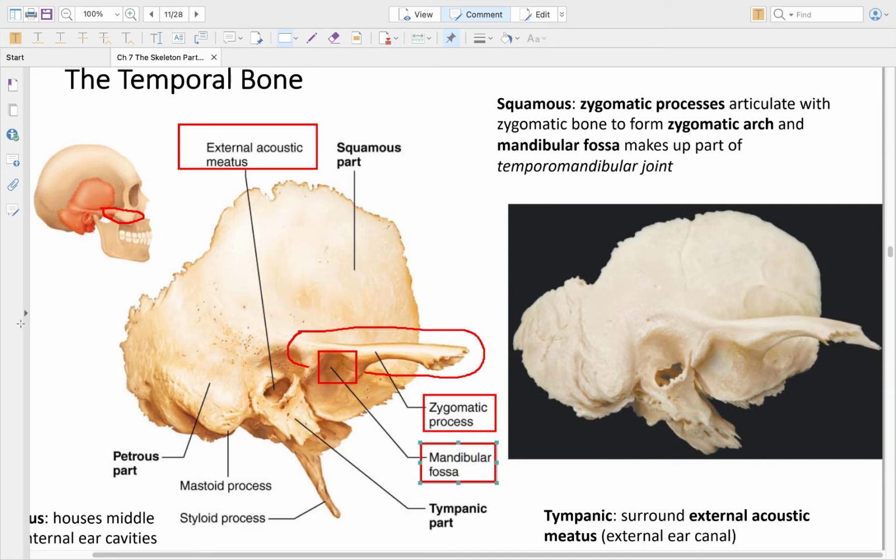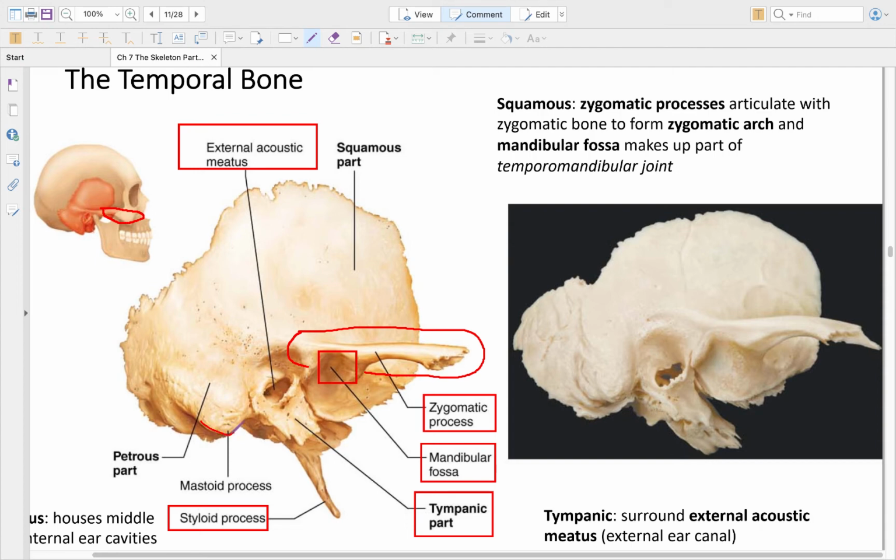Okay, now if you look closely, there's this almost like skinny sheet hanging out. This is called the tympanic part. And while we're at it, this part that kind of sticks out, the styloid process. Okay. The mastoid process.